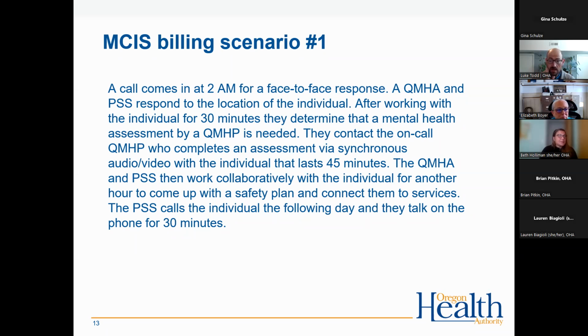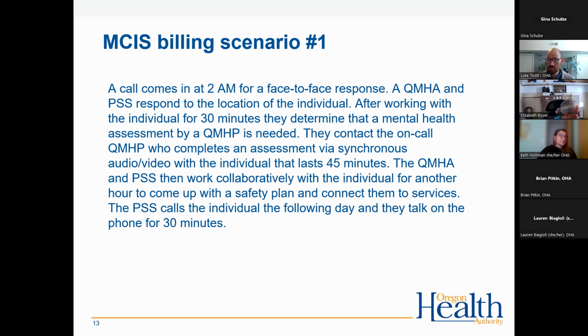And I am thinking of trained MCIT team members. So in these scenarios, I'm assuming that everything is operating according to rule. The one difference, though, is that to use the HE modifier, a QMHP does not have to be part of the response.